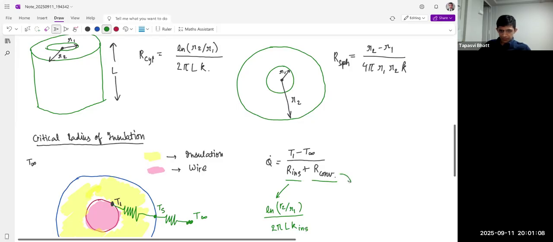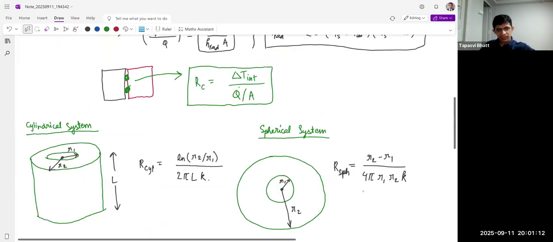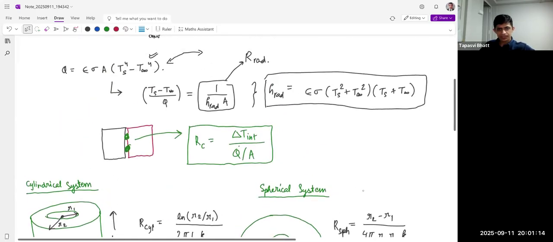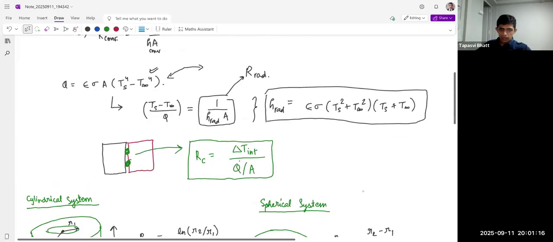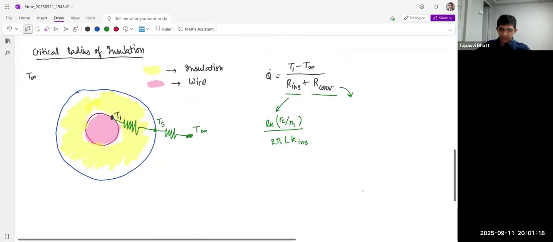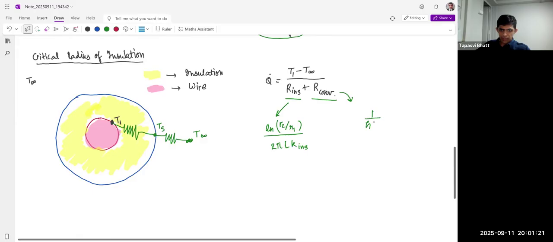What is R convection? Very simple, right? 1 over h A, where A is the area exposed. So basically, it is the circumference, which is 2 pi r times L. So we'll just write 1 over h A, with h the convection coefficient.